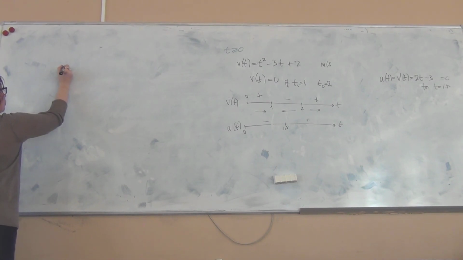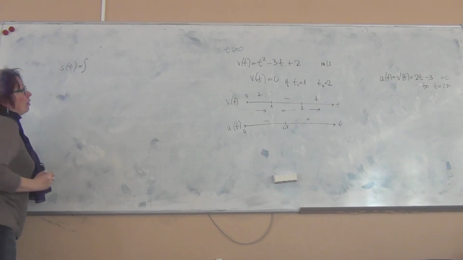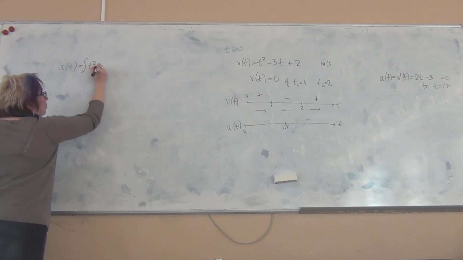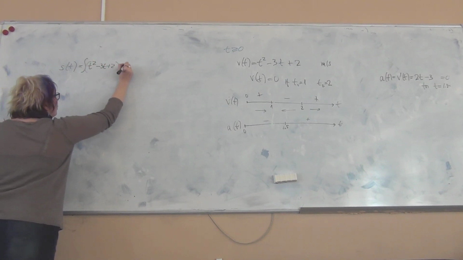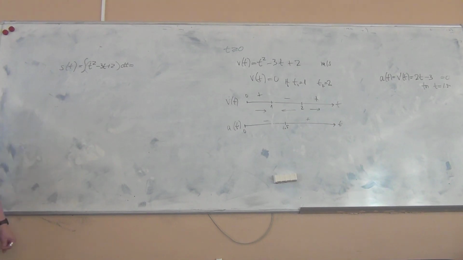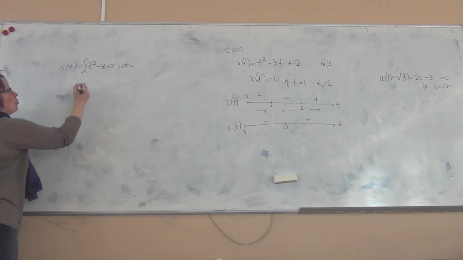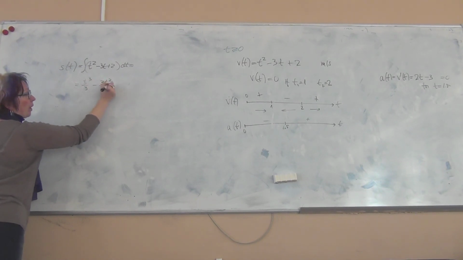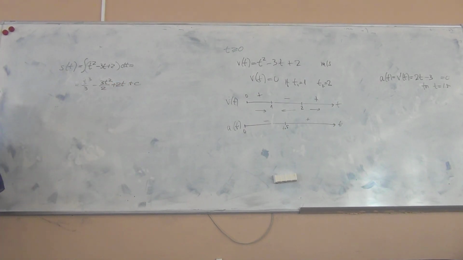So the displacement of this object will be obviously the primitive function of t squared minus 3t plus 2 dt, basically. At any given moment, it would be t cubed over 3 minus 3t squared over 2 plus 2t plus some constant.